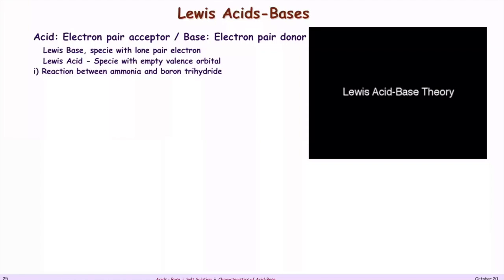So in terms of view, not in terms of the hydrogen or the proton, but in terms of the lone pair in which the chemical has to latch itself onto, we can think of a Lewis acid as a chemical that will accept electron pairs, that will accept lone pairs.